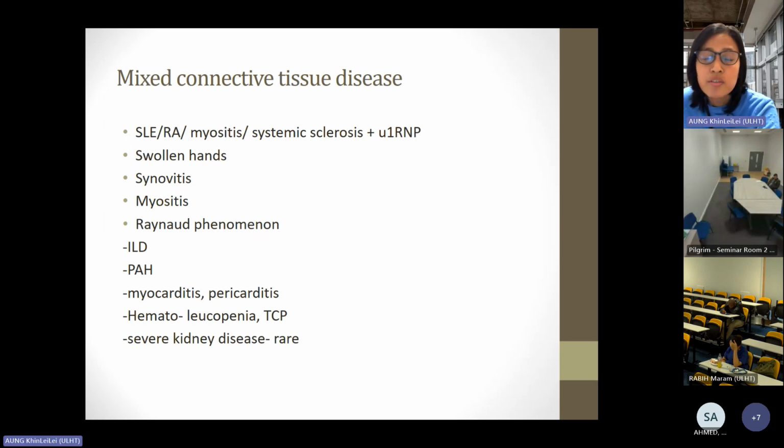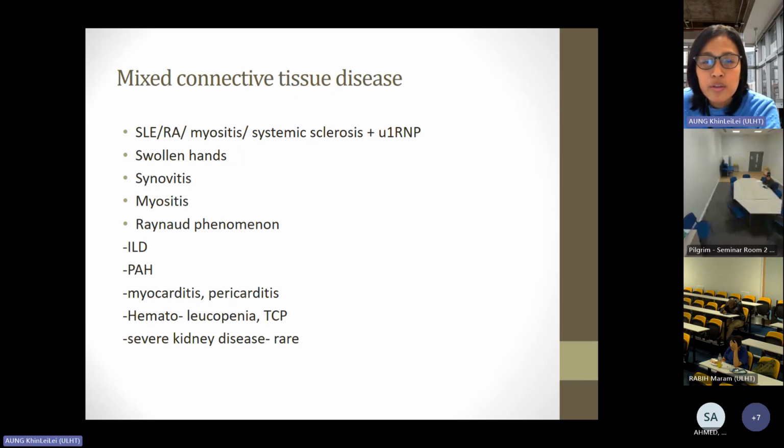Mixed connective tissue disease. Mixed connective tissue disease is a disease with some features of lupus, rheumatoid arthritis, myositis, or systemic sclerosis, with positive U1 RNP. The patient cannot be directly categorized into specific diseases.